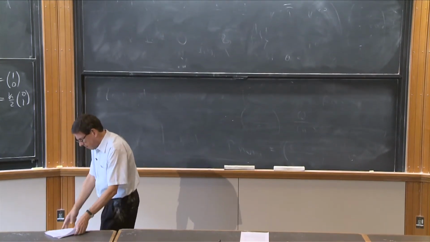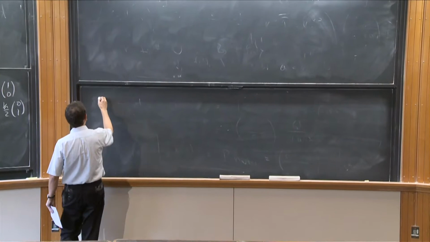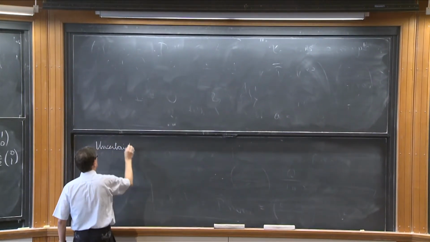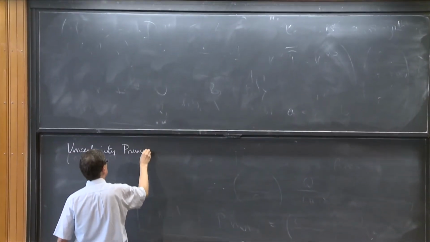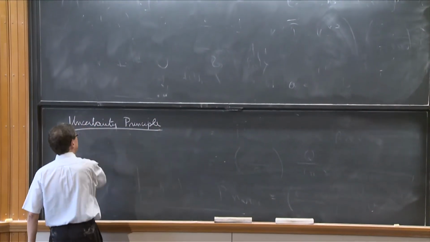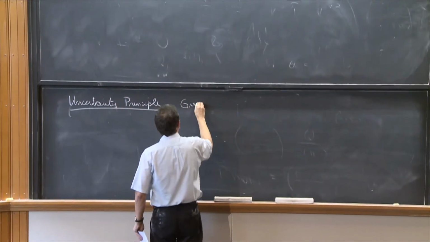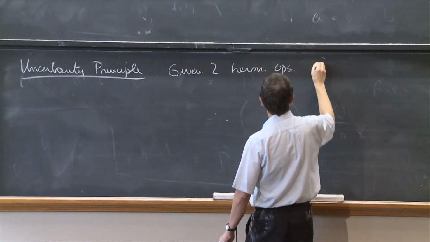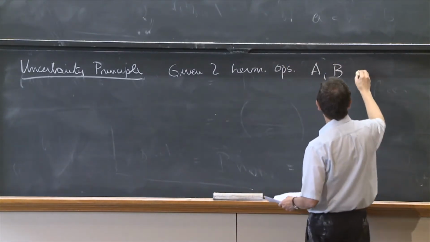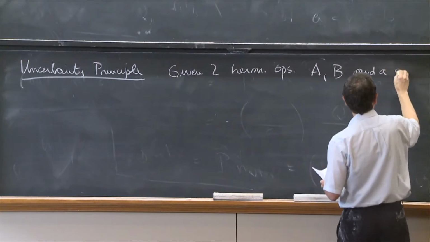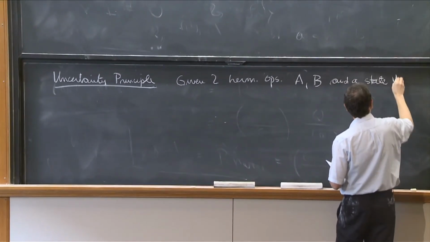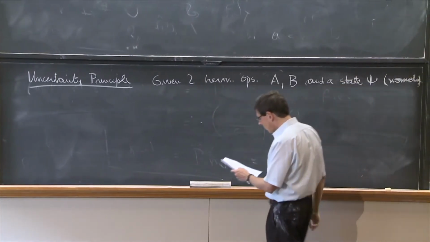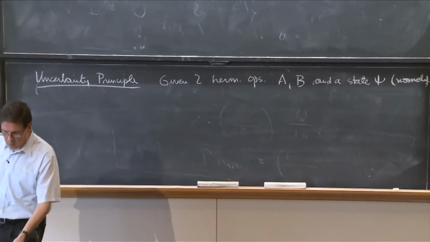So, given is a theorem, or uncertainty principle: given two Hermitian operators A and B and a state psi, normalized, then the following inequality holds.